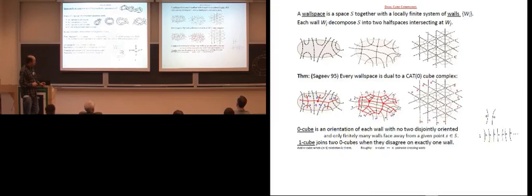And for each region in its complement, you get a vertex, you get a 0-cube, and whenever 2 regions share a wall, then you get a 1-cube joining them, right? And whenever you have a crossing pair of walls, you'll get a 2-cube. Right? I'm just showing you what you already knew. I'm just reviewing it in this context.